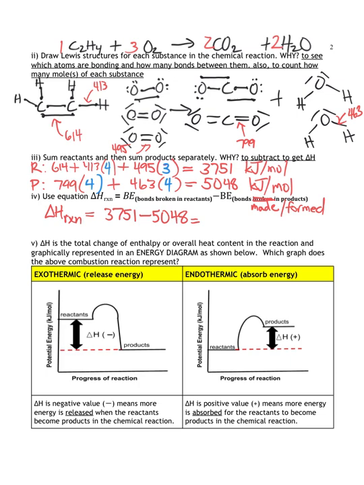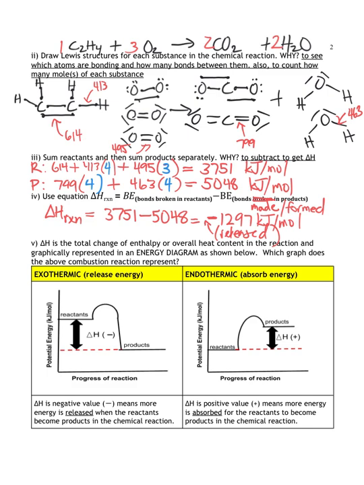So I should see heat or energy being released, and that negative shows that 1,297 kilojoules per mole of energy was released. So this negative indicates a releasing of heat.